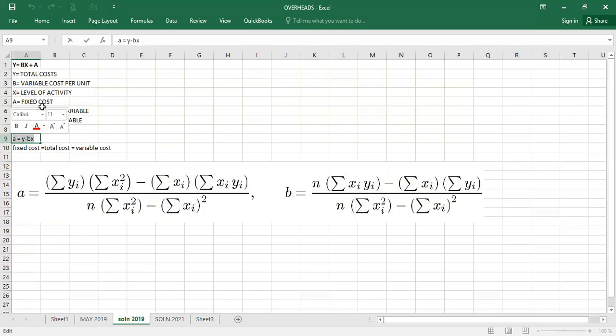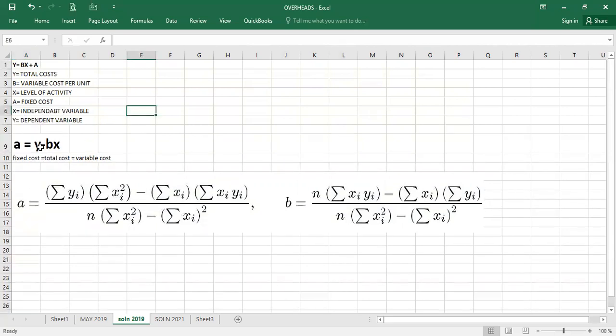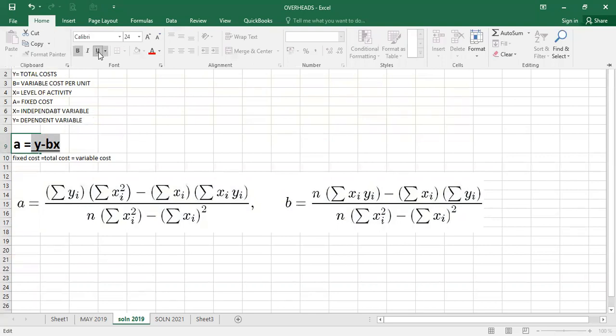Then we say this one is supposed to be divided by the number of items they have given you.